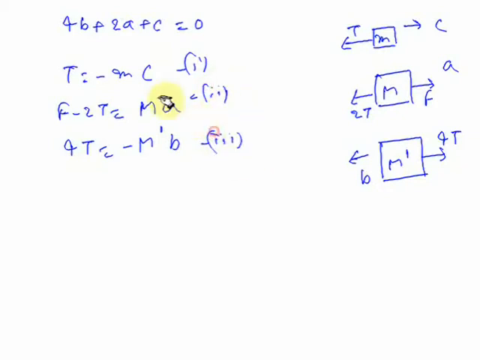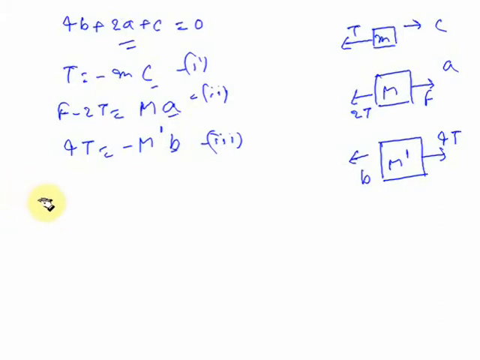Now from equation 1 the value of c will be T by minus m. Similarly from equation 2 the value of a will be F minus 2T by capital M, and from equation 3 the value of b would be 4T by minus M dash. So we can put the values of a, b and c in the equation which we derived from the thread constraint.